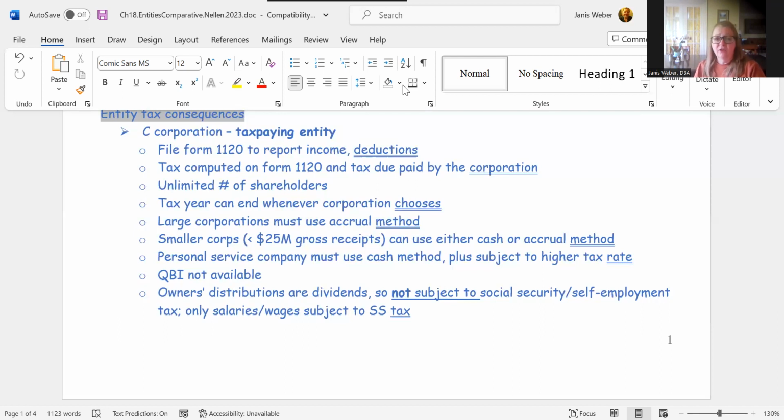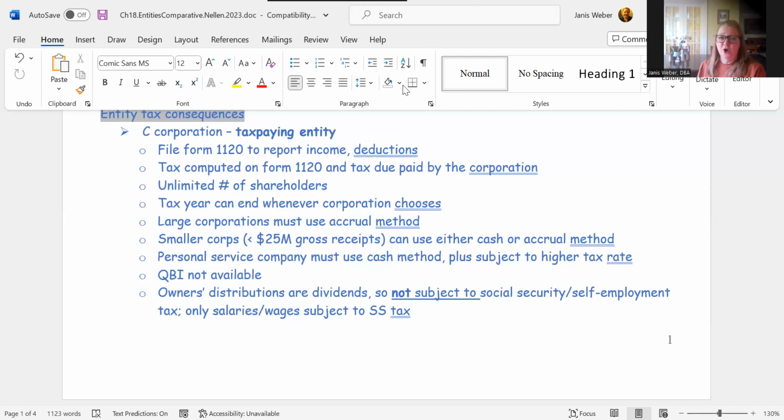And so all the other entities can use the QBI, or qualified business income deduction, which is basically 20% of the bottom line of the productive part of the business. It has some limitations because we've already dealt with that in every tax class. But just knowing that, you need to look it up if you need a refresher on that.